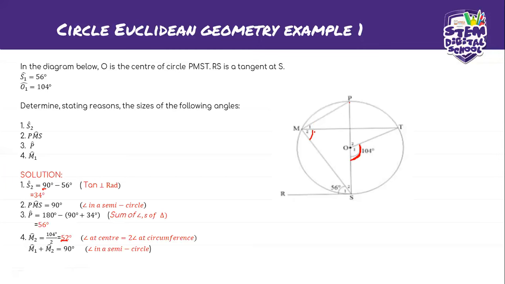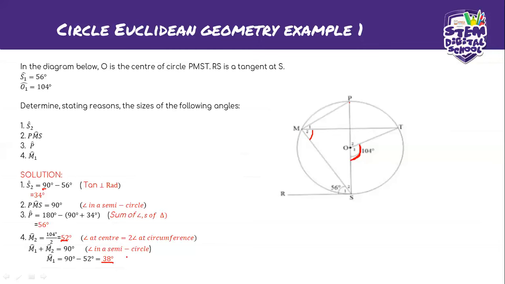So to obtain angle M1, we take the whole angle that we've determined, which is 90, minus angle M2. Then the angle we get there is angle M1, which is 38 degrees.